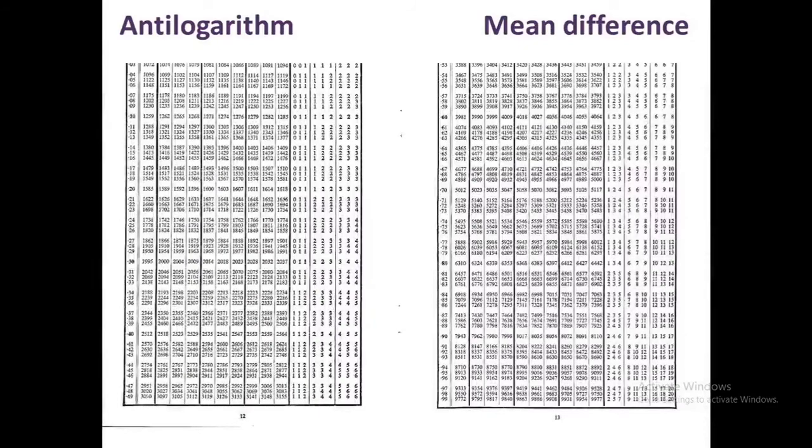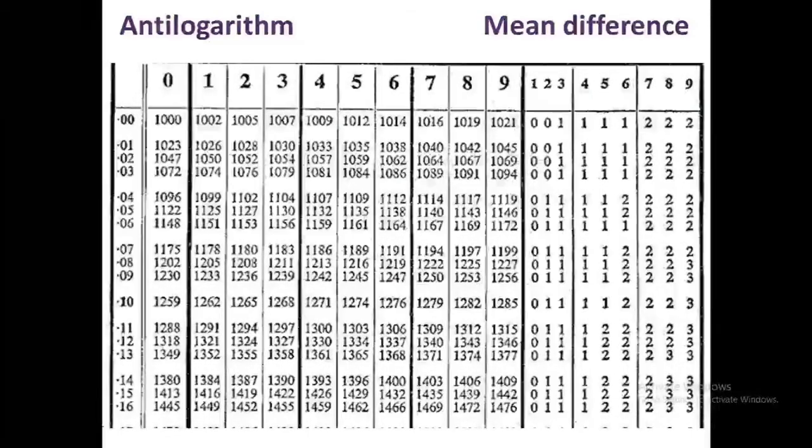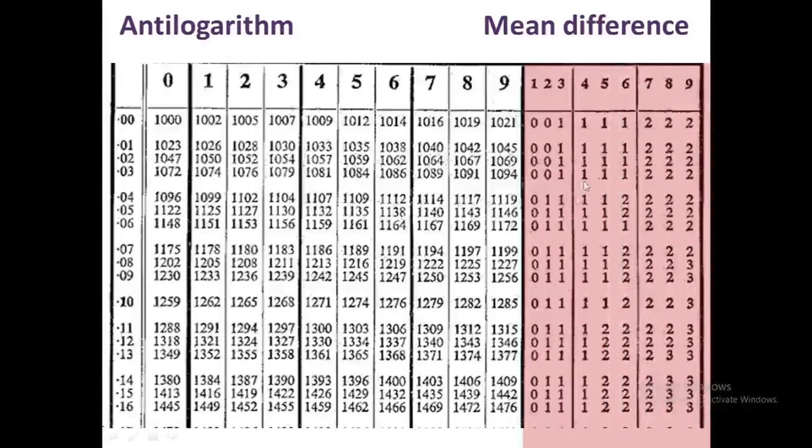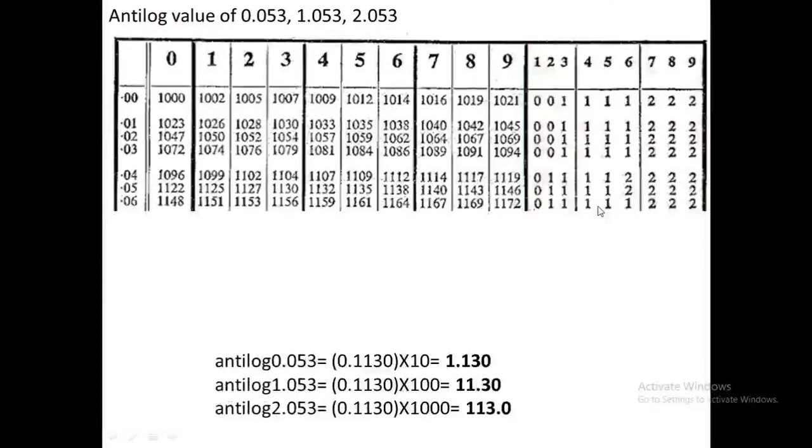Now we want to calculate the antilog value with the help of this log table. Like the log table, there are also two antilog tables, and again there is the antilog value as well as the mean difference column separately. Let's take an example where we have to calculate the antilog value of 0.053 or 1.053 or 2.053.